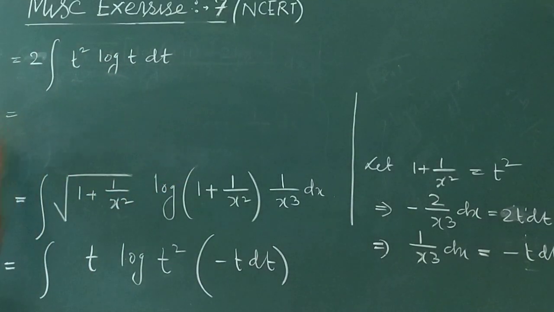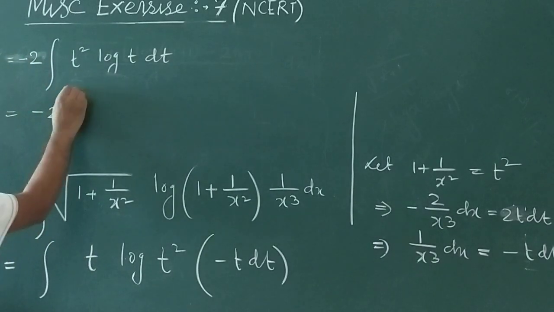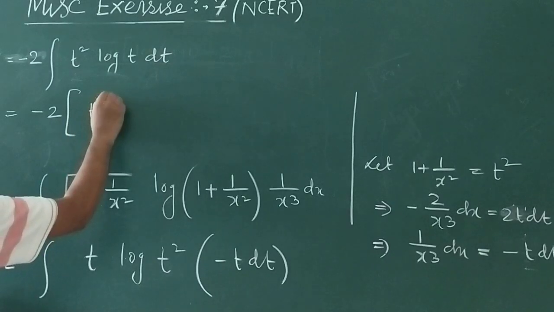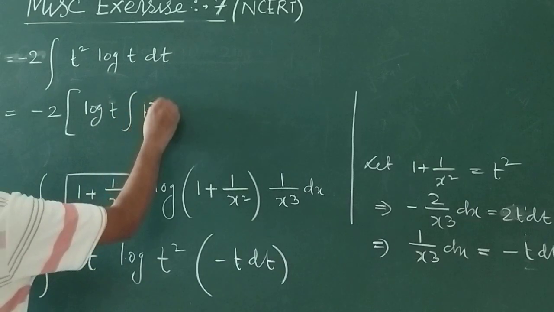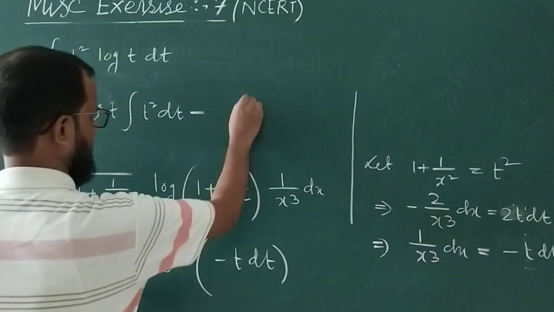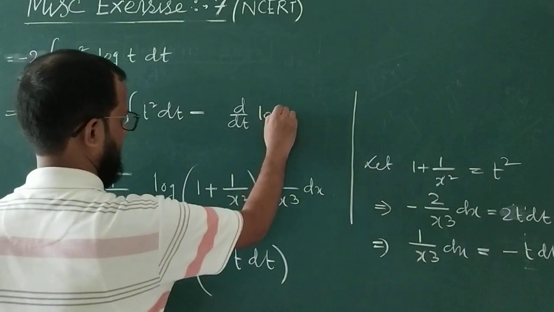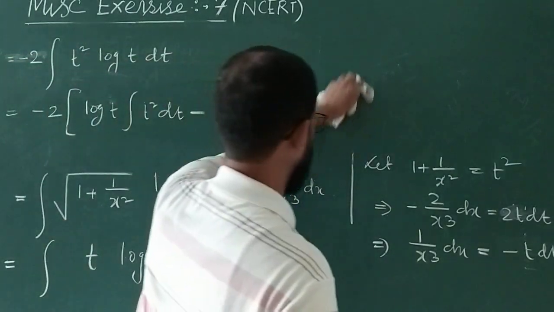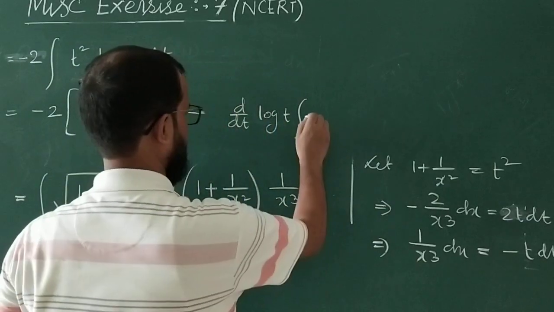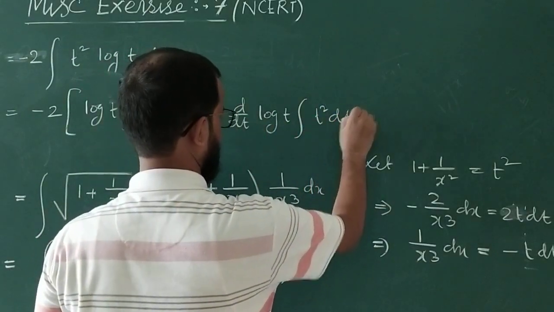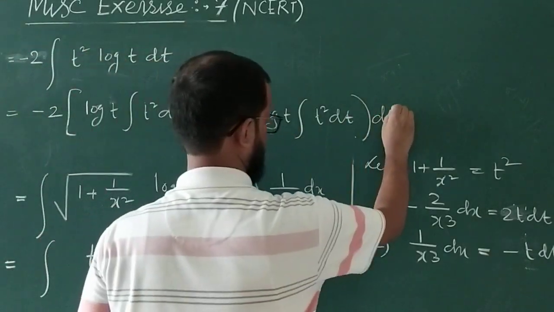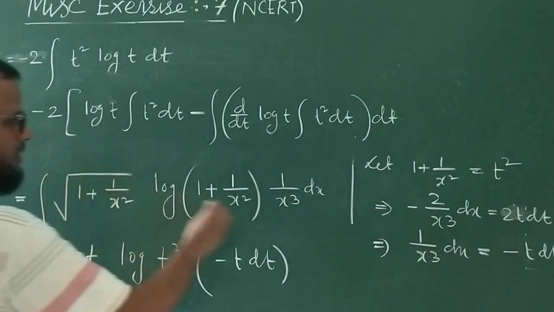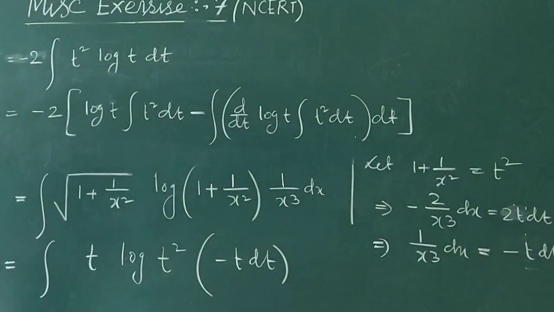So start, and there is also a minus, so minus 2 into bracket, लगाओ, t square in, I'm sorry, log t into integration t square dt minus d/dt of first function log t, integration of second function क्या है? t square dt, as a whole integration, and this minus 2 is multiplied, so give a third bracket here.